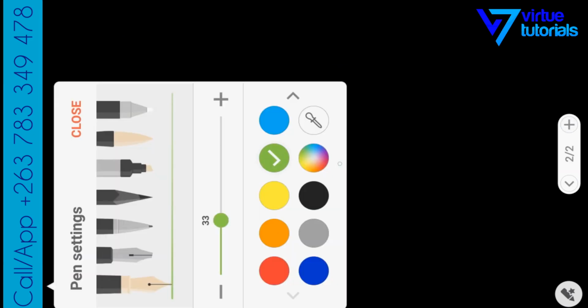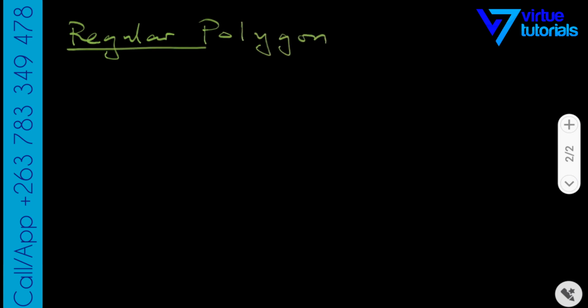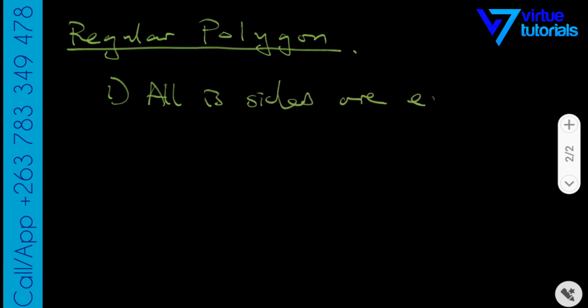Polygons can be known as regular. So you can have what is called a regular polygon. Now, what is a regular polygon? A regular polygon has 2 features. Number 1, all its sides are equal.